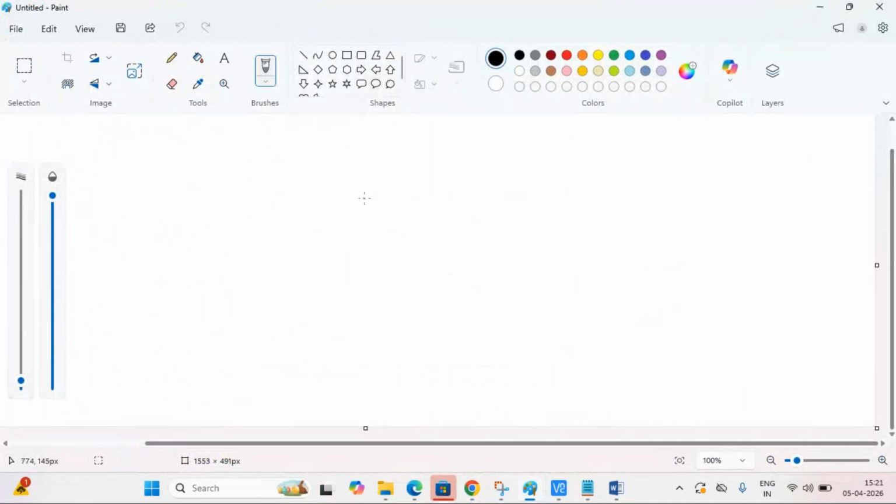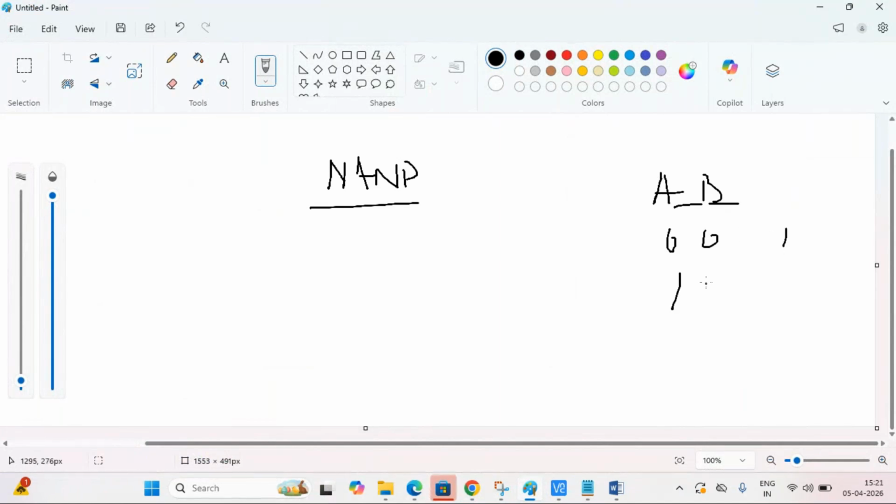Suppose whatever we are designing is a NAND gate. NAND gate truth table: A, B, 0, 0, output will be 1, 1, 0. For this, everywhere you're using MOS, either PMOS or NMOS.